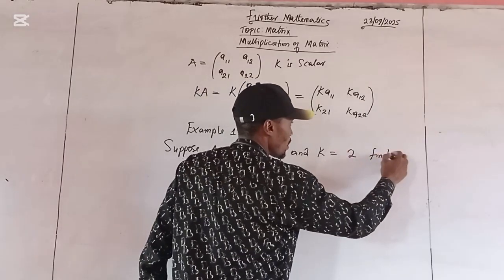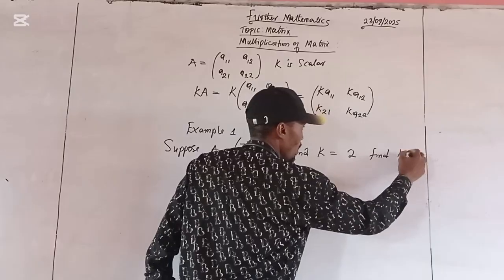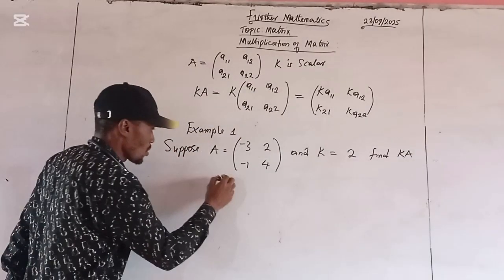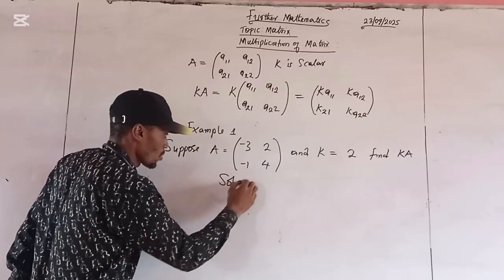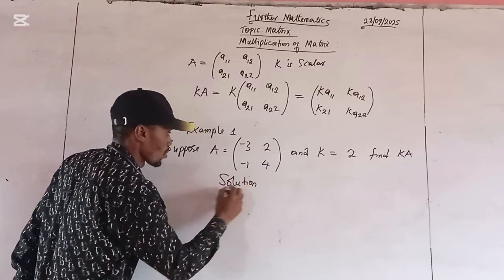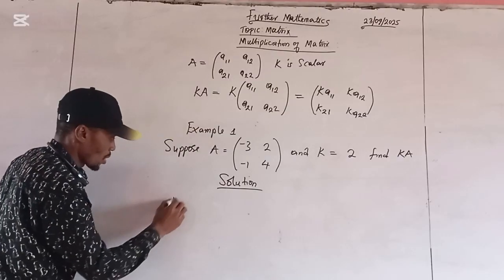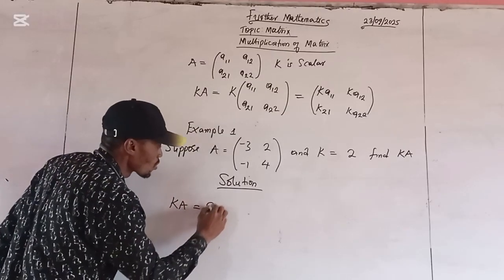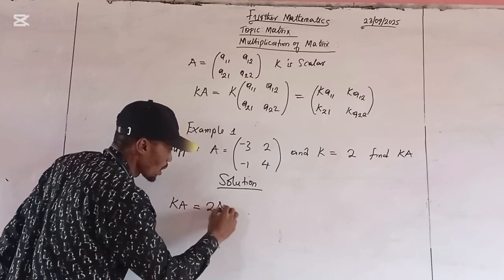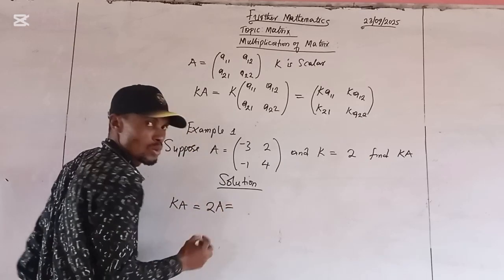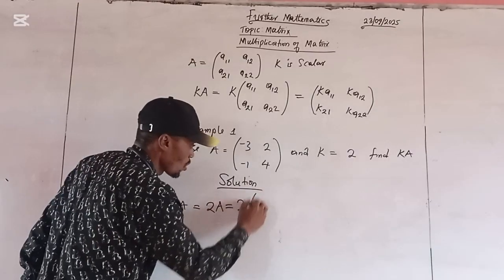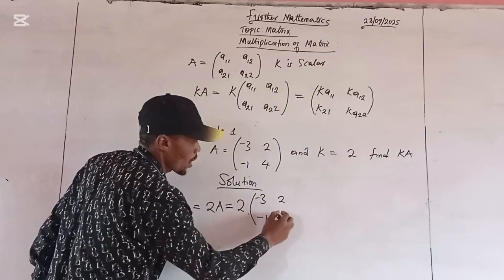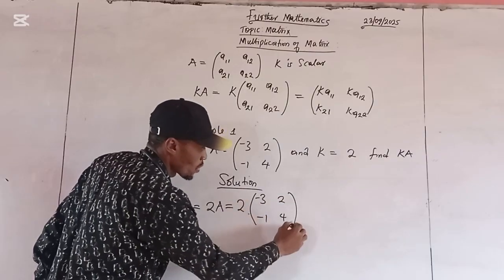Find KA. So we are going to look at this contextually. This means solution: KA is equal to 2A, and that will be equal to 2 open brackets -3, 2, -1, 4, close bracket.